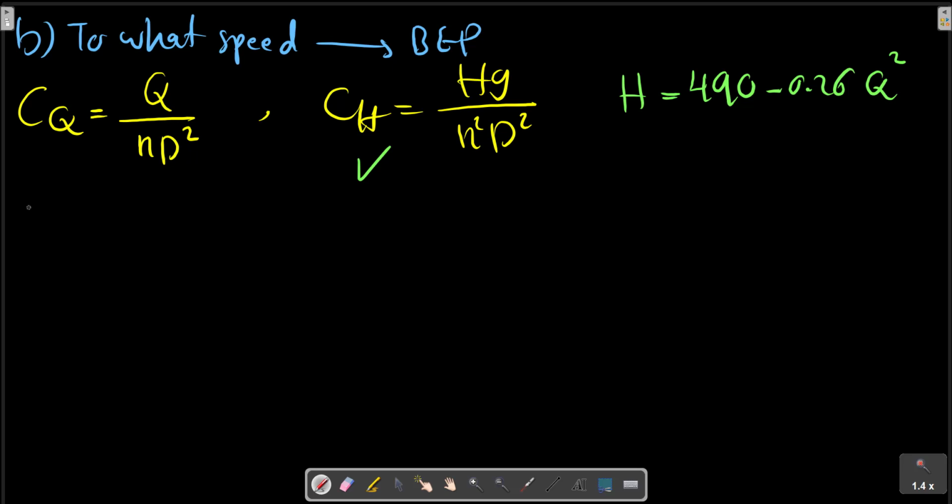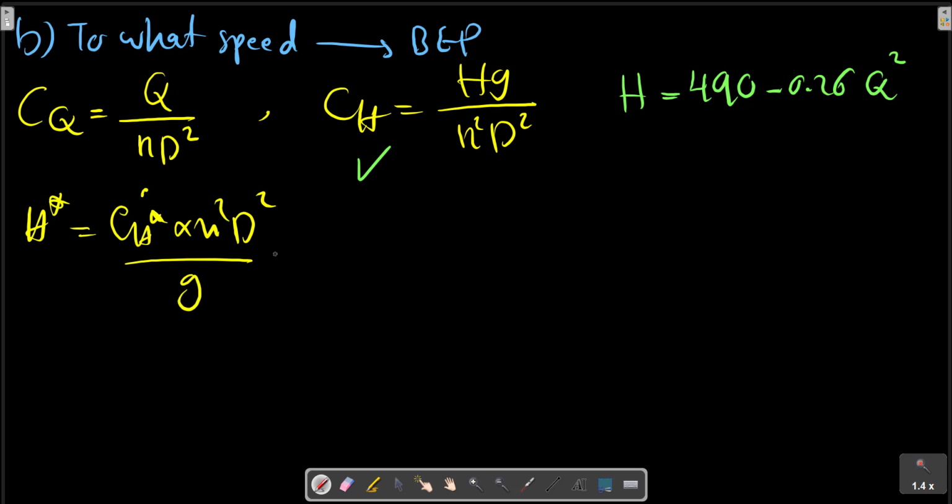So HS star is where we have the maximum efficiency. HS star is CH star multiplied by N square D square on g.